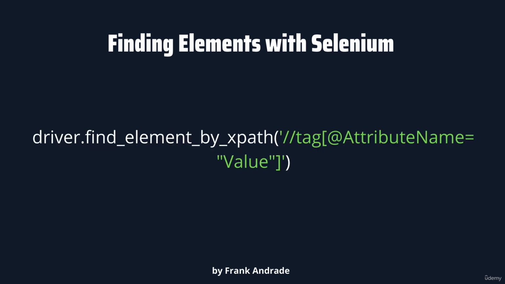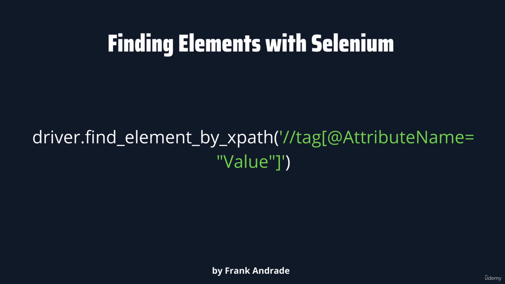Now let's see how to find elements by XPath. XPath is sometimes the best way to find an element. If you use XPath to find an element, you can be certain that you will find it. To locate an element by XPath, we have to write driver.find_element_by_xpath. And inside parentheses, write the XPath syntax we've seen in previous videos.